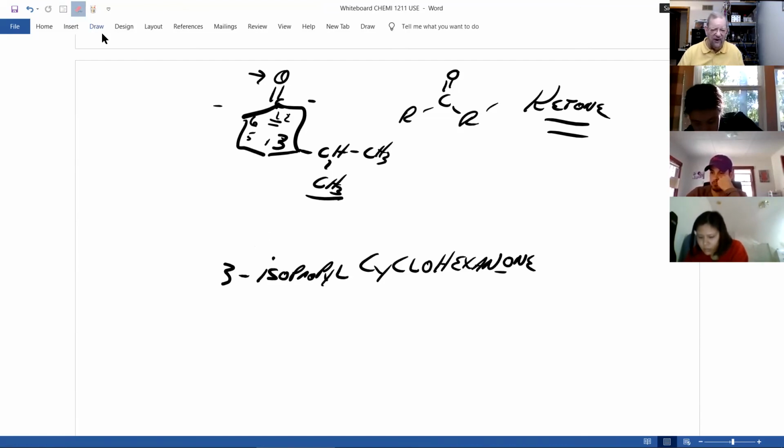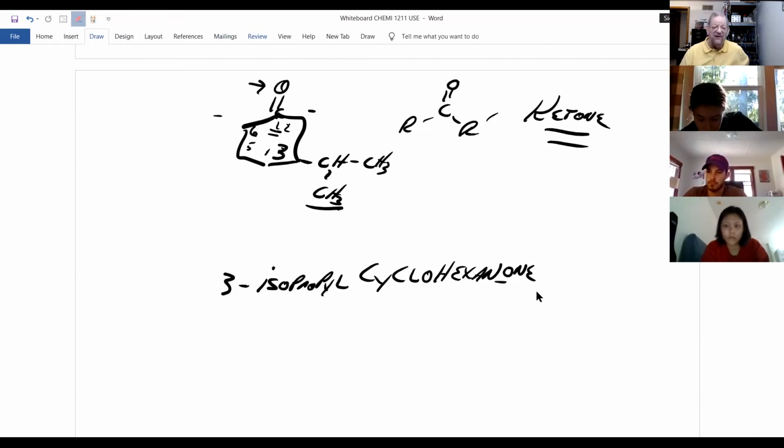Remember, for a ring, you count how many carbons, give the IUPAC name for that ring, cyclohexane, because it's a ketone, you use the ONE ending, and then the carbonyl carbon is always 1, and on carbon 3 we have an isopropyl. So that'd be 3-isopropyl cyclohexanone.